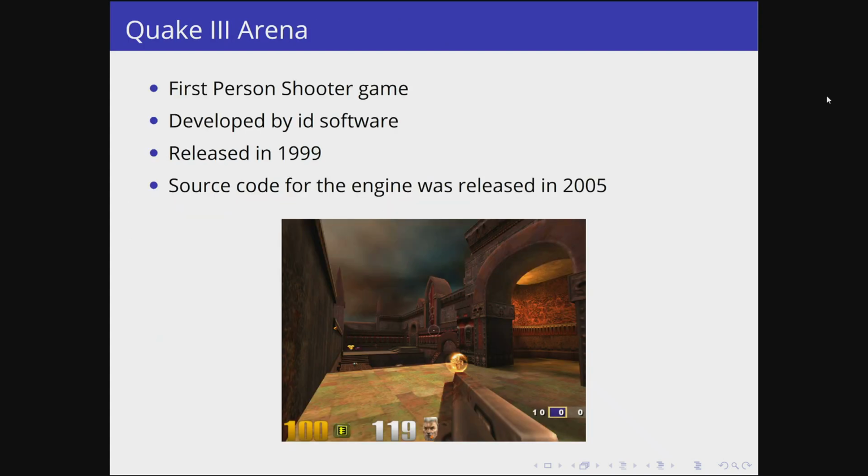Now we are going to talk a bit about Quake III Arena, which was a game that was released by ID Software in 1999. ID Software back then was a very big company for games. It is mainly famous for Doom, which is a game that now can run on everything, I think. Also, the source code for the engine of Quake III Arena was published in 2005.